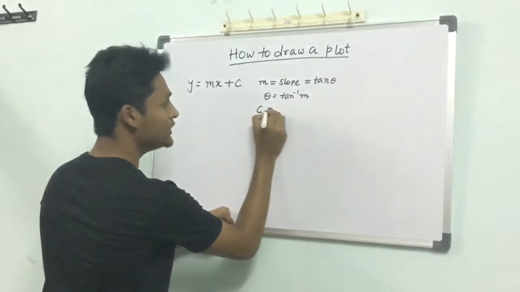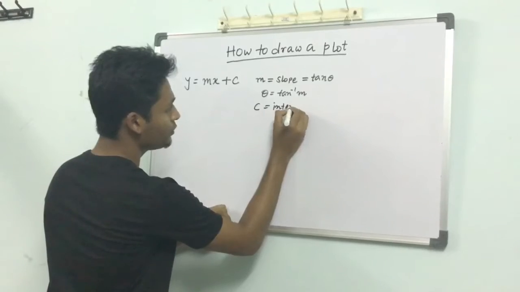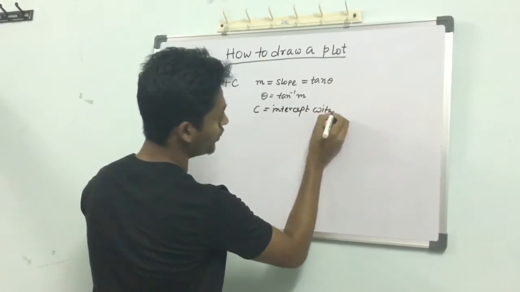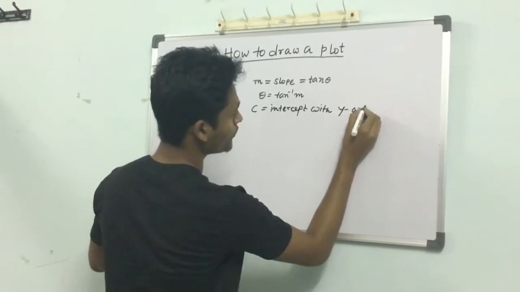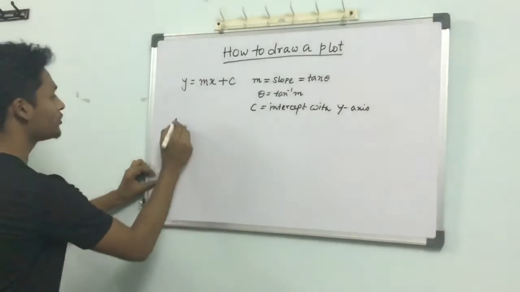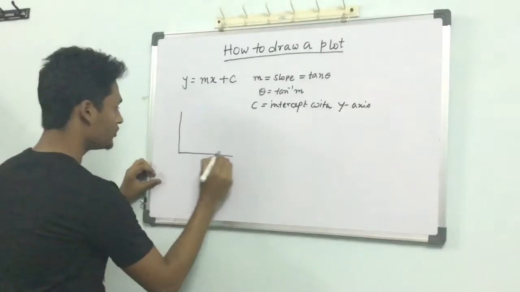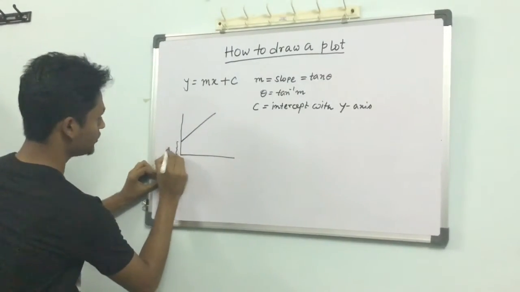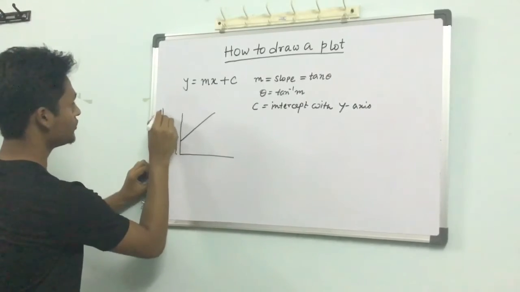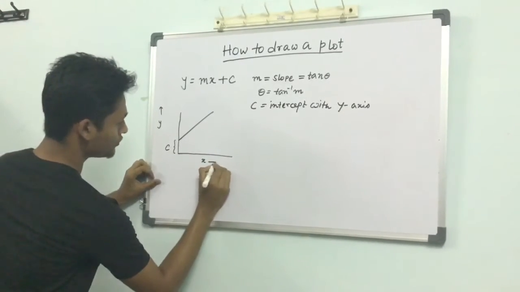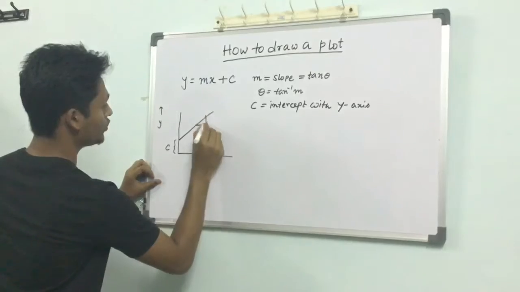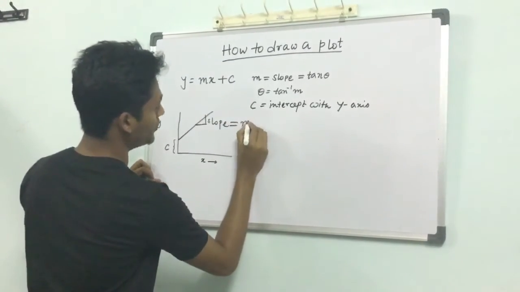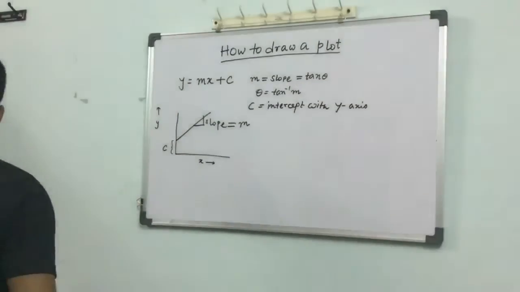And c is the intercept with the y-axis. If you draw a general plot, this part is c, this is your y, this is your x, and the slope will be m.